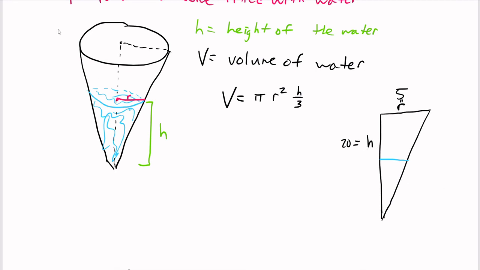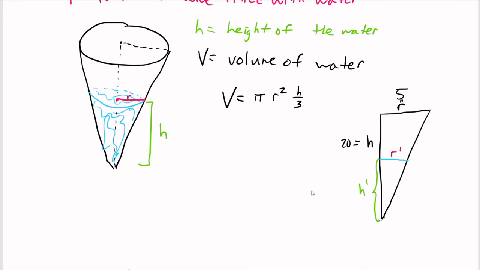So let's quickly do a little r prime here, and then this little height, that little blue one, and then just this piece is a little h prime. So these are the smaller radius and height when you have only filled up the tank a little bit.